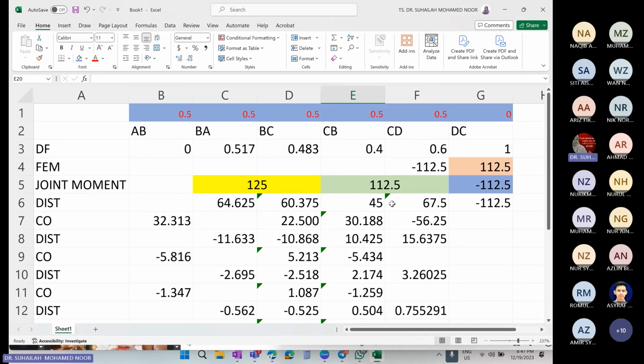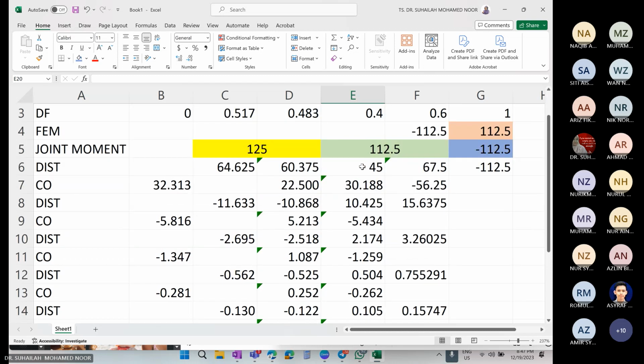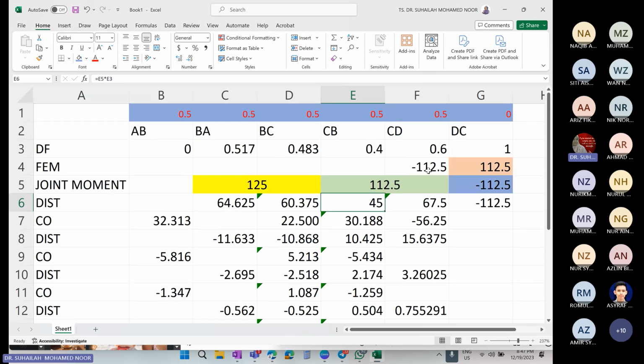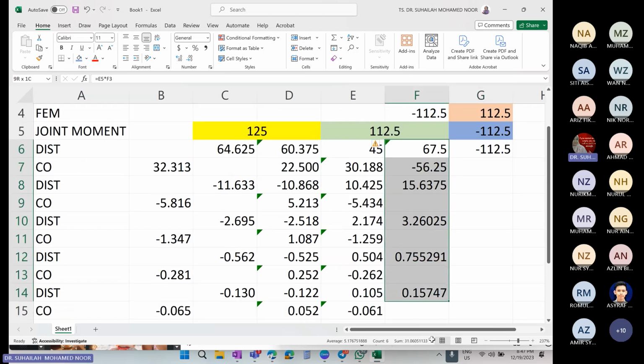Okay. Then start from this, not this one. But for CD, we have to start from this, negative 112.5, plus this and continue. So total this first.